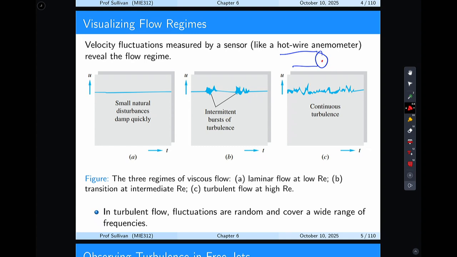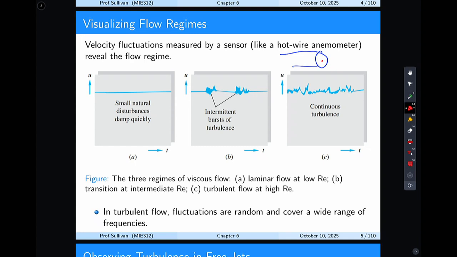When it transitions, the laminar flow will see bursts of turbulence, and those bursts will look like that kind of signal. Again, I'm just measuring at that red dot in the flow. And finally, I'll have non-repeatable continuous turbulence that occurs at high Reynolds number.